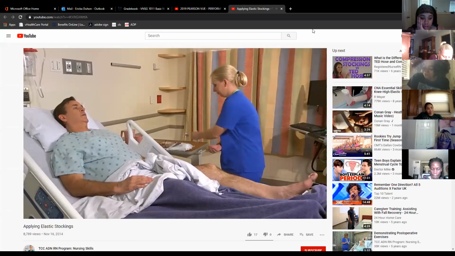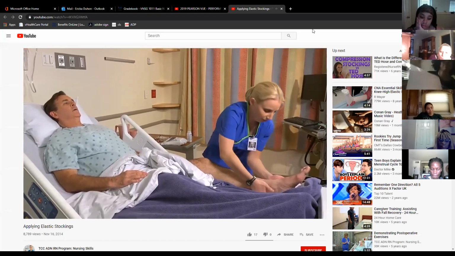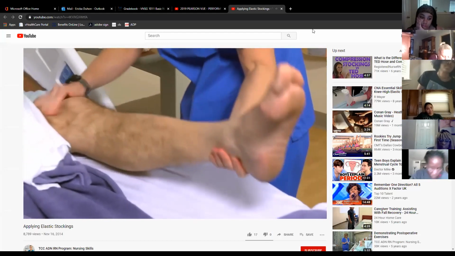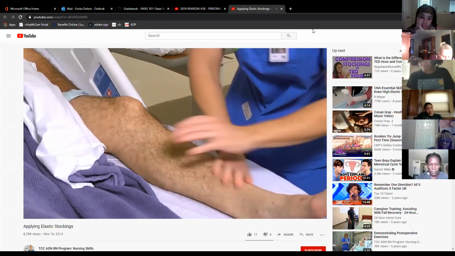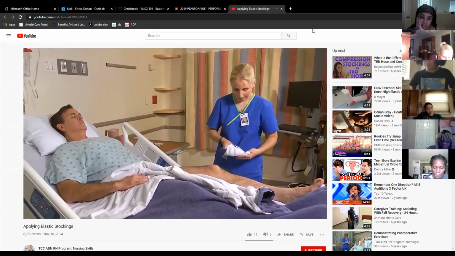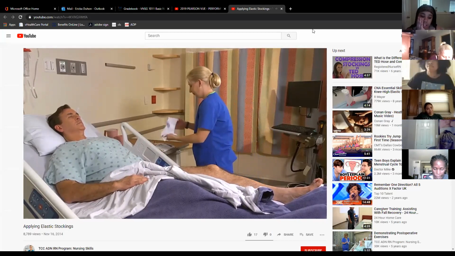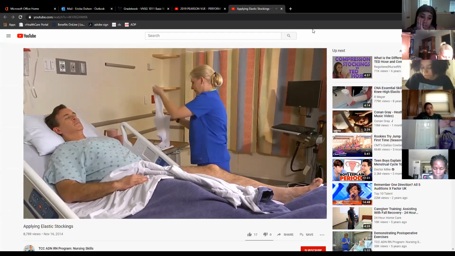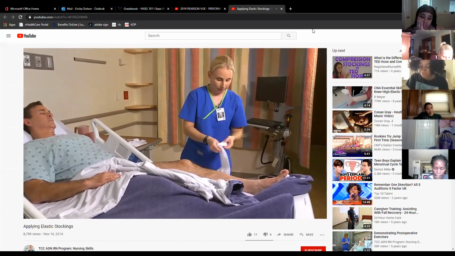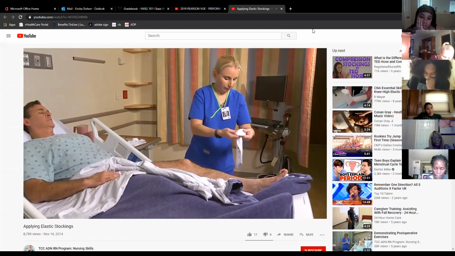If needed, bathe and dry the legs. To make the stockings easier to apply, you may apply a small amount of powder or cornstarch to the patient's legs in accordance with agency policy. To begin, turn the stocking inside out by placing your hand into the sock as far as the heel pocket, while you hold the toe of the sock with your other hand.